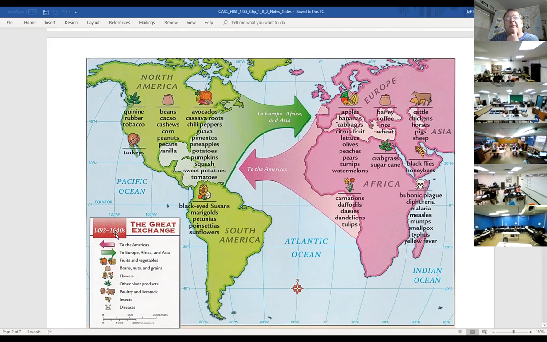And know that that time frame is 150 years from 1492, which is Columbus, right? Our first contact, into the 1640s. So anybody have a question on the Great Exchange?